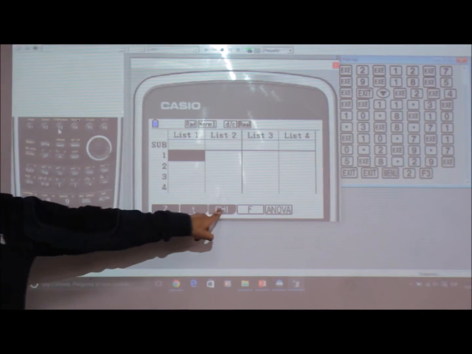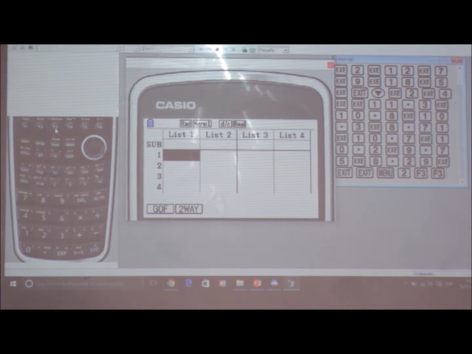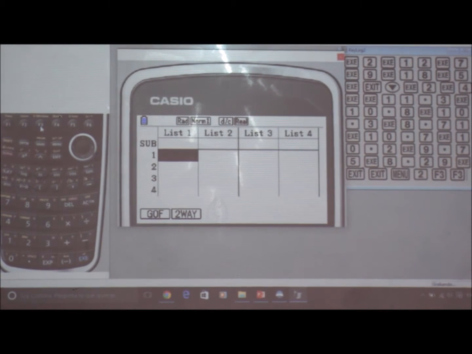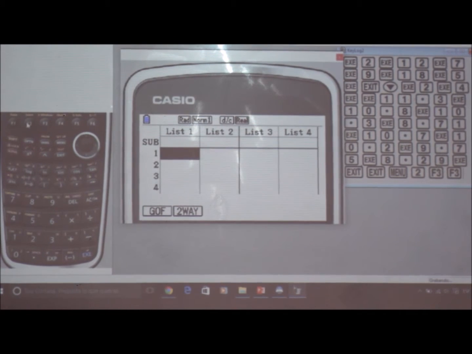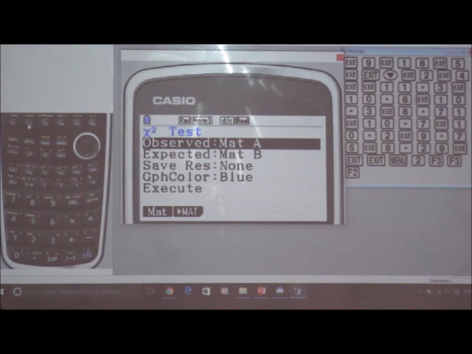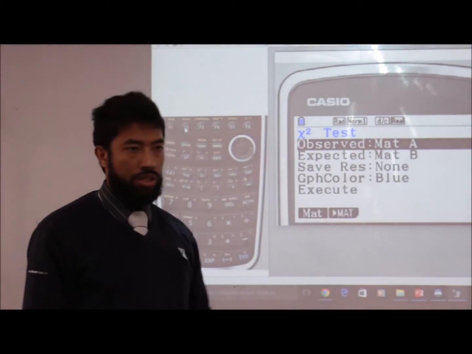In test G. And there are two options, degrees of freedom or two-way. We are going to choose two-way. And it says, observed, A, expected, B.